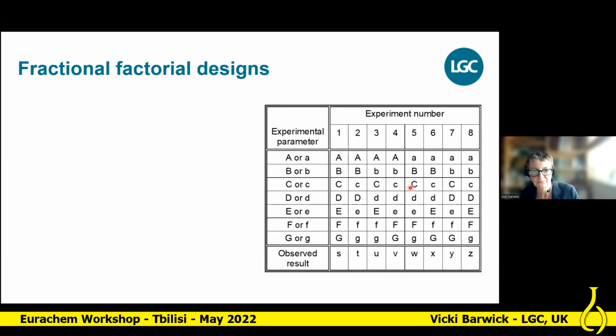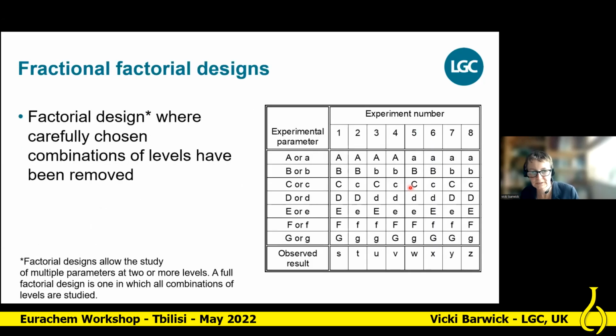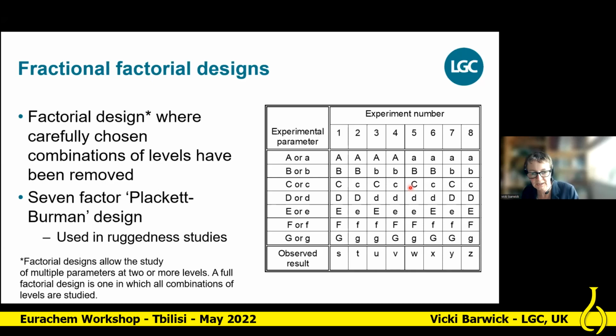And then the other one I've flagged up there is fractional factorial designs, and that's where we have a carefully chosen subset of combinations of parameters and levels. A common experimental design that's used in validation is around ruggedness testing.